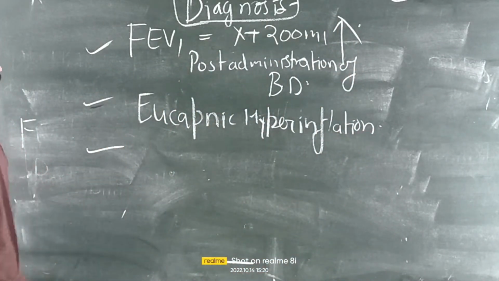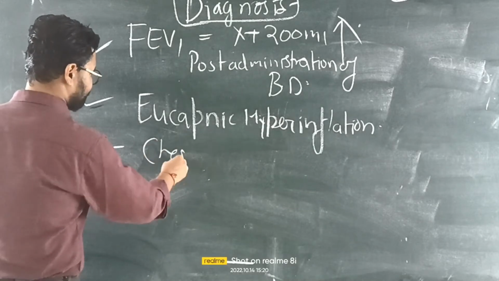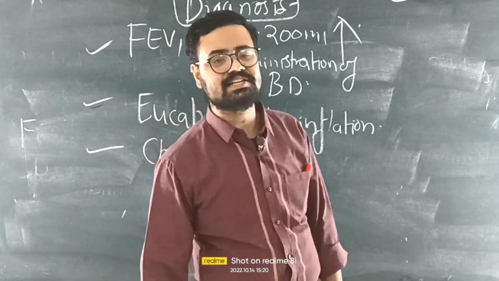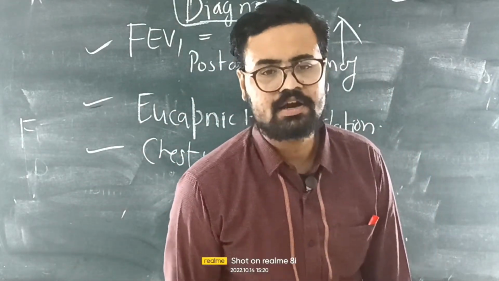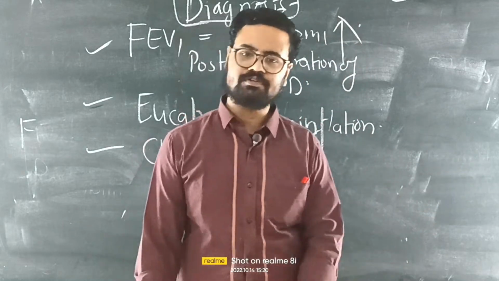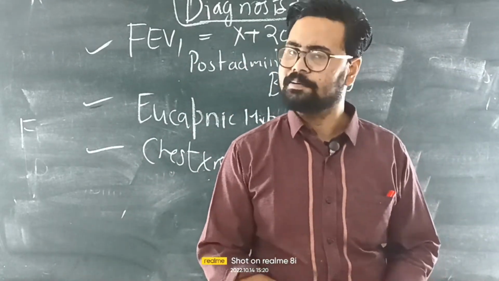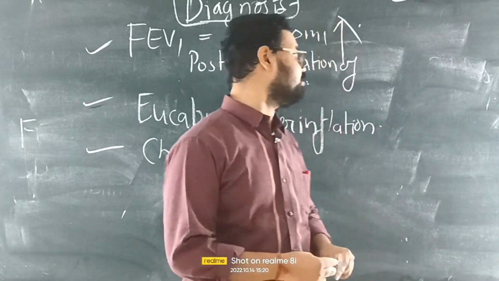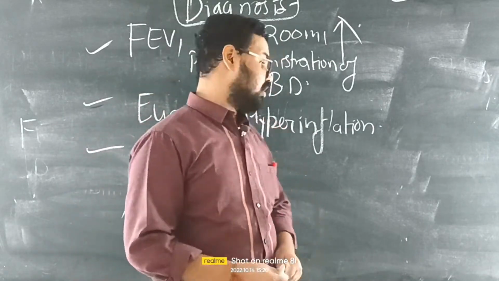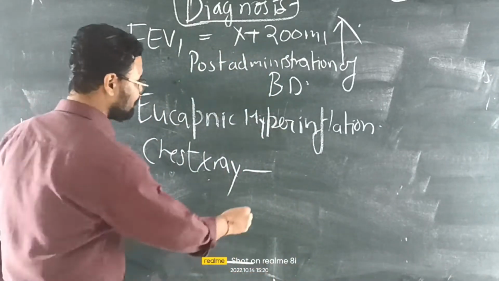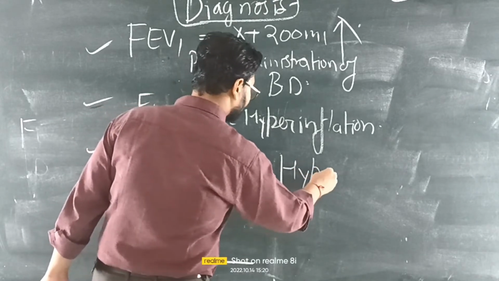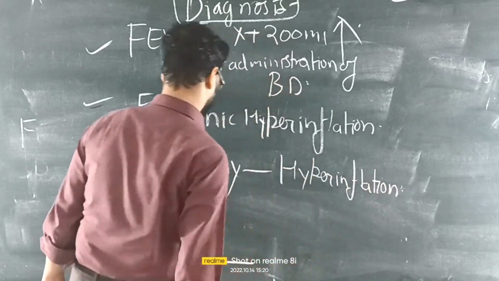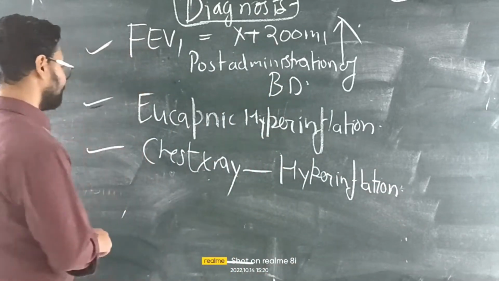Now the third diagnosis will be chest X-ray. Chest X-ray and HRCT will not be more significant, because in COPD also hyperinflation is occurring, and in asthma also hyperinflation is occurring. So there will be no relevance of chest X-ray. We will find it out on the basis of FEV1 only. Chest X-ray will reveal hyperinflation.